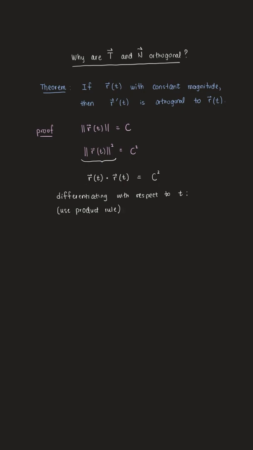I'm trying to find the derivative of a dot product. So I'm going to take the derivative of the first vector function dotted with the second, plus the first vector function dotted with the derivative of the second. This is the dot product rule. The derivative of the right side of my equation is 0 because that's a constant.